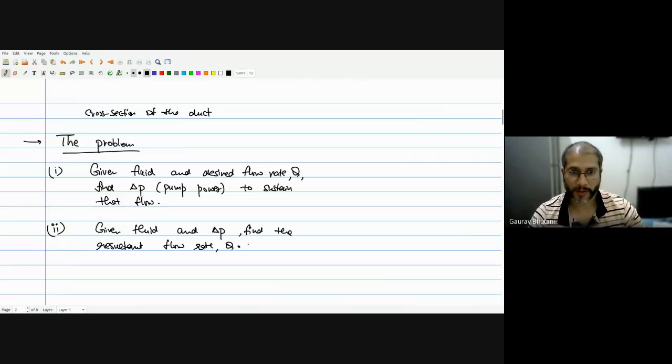Whenever we are discussing different topics in this chapter of viscous flows in ducts, always keep this problem in mind. That's the whole reason we are studying all this: to be able to find out the pressure drop or the pump power, how big a pump we should install, so that we can create a certain meter cube per second of flow for a given fluid.